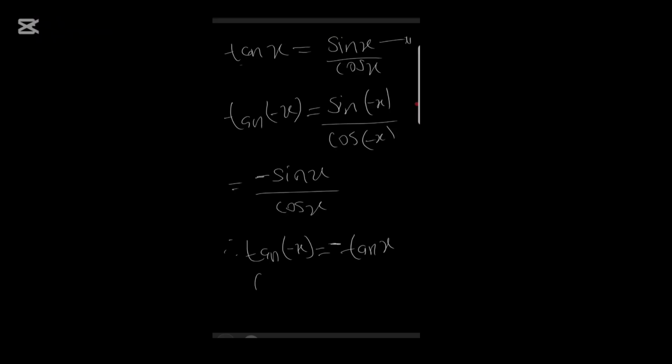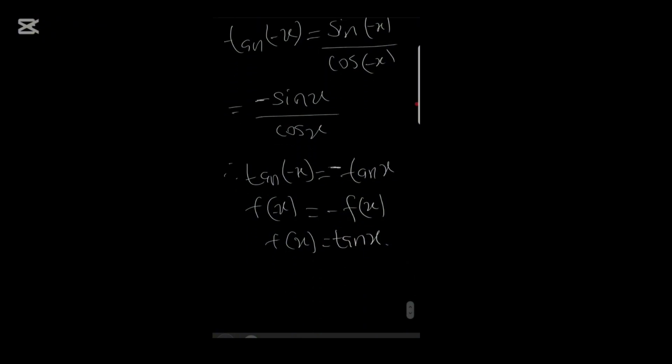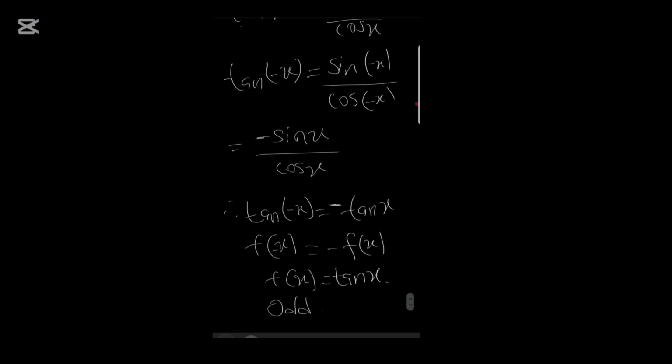And this is also the same as f of minus x equals minus f of x, for f of x taking the value of tan x. So this means tan also is an odd function. So this is about the functions.